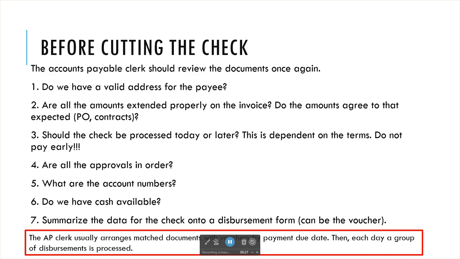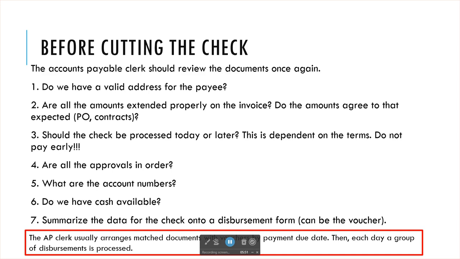And then, the accounts payable clerk should hold back on making a payment until it's really due. So we'll hold back on it, and then we have a group of payments that could be processed today or could be processed at later dates. And if we can process it later, process it later.